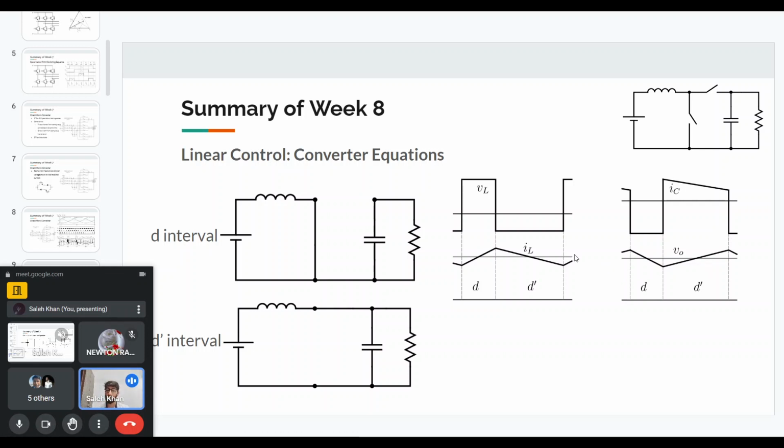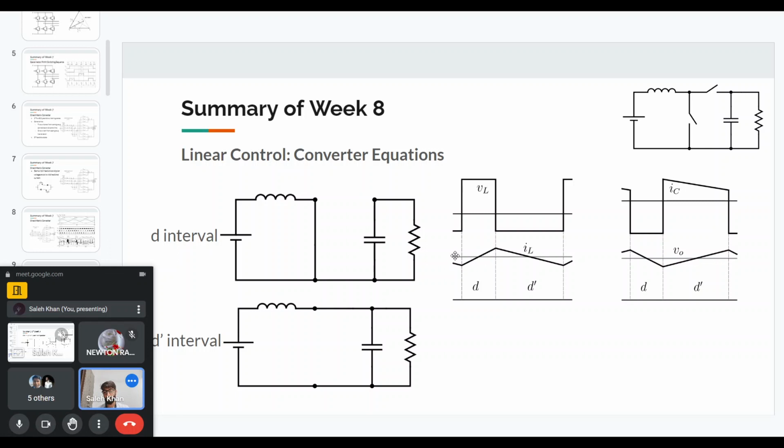Now here we have the small ripple approximation. That means we are saying that the ripple in the inductor current and the capacitor voltage is small enough that we can approximate them by their average value. The gray line that I have shown here is the average value of the inductor current and the capacitor voltage.